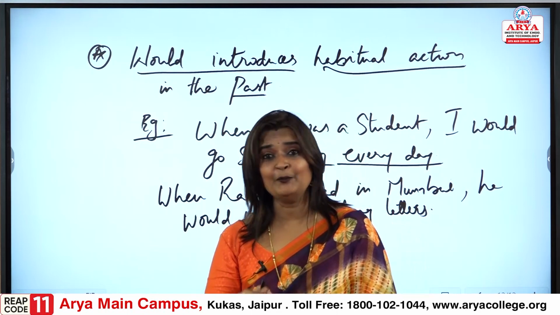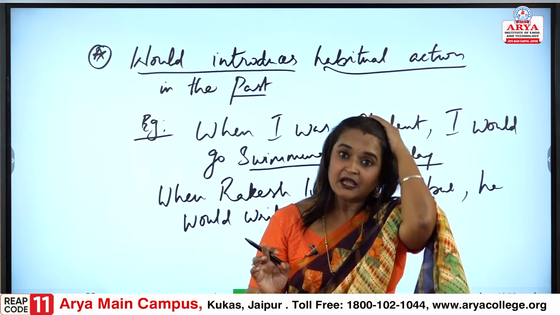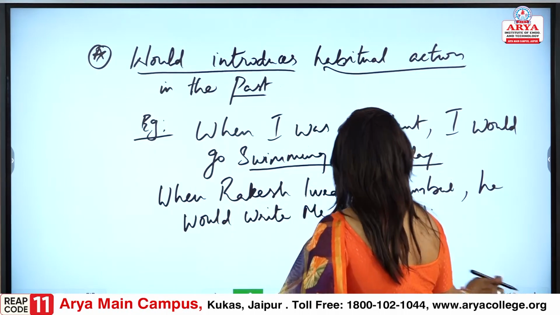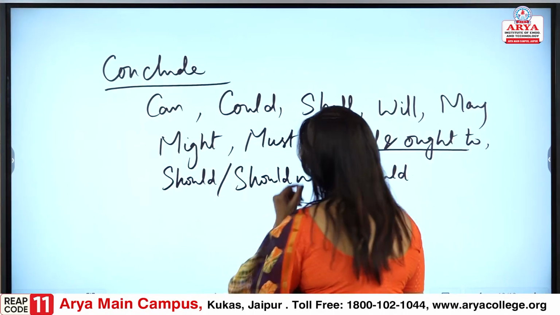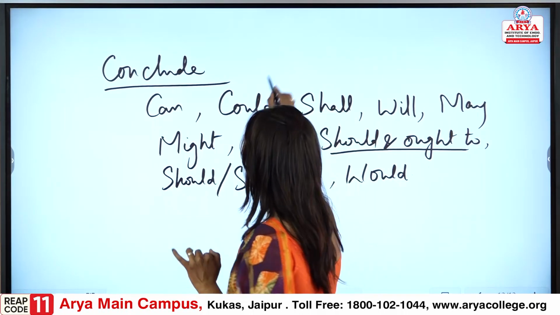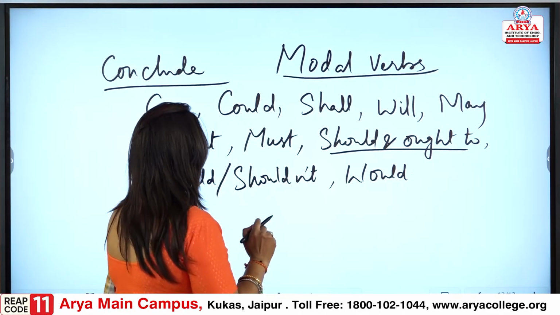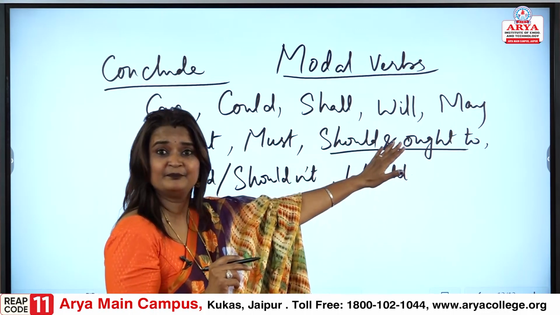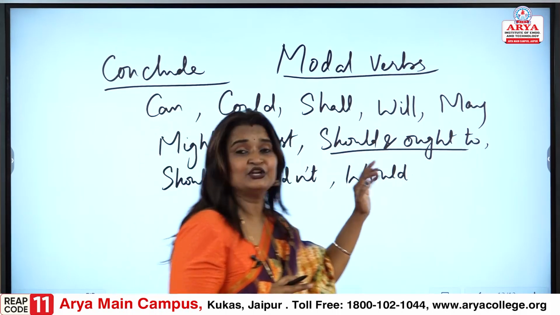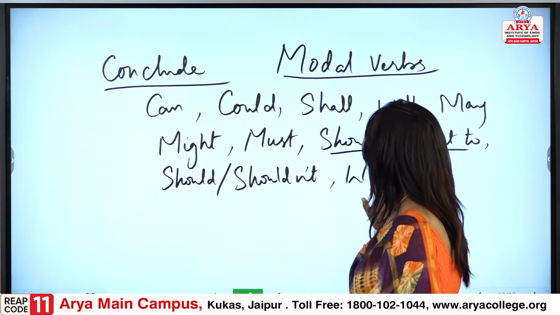Fine. So, I hope we are clear in understanding all the remaining ones, till now that we have learned all the modal verbs. So, at the end let me conclude. I hope we have understood all these modal verbs. We have now well understood can, could, shall, will, may, might, must, should, ought to, shouldn't, would.